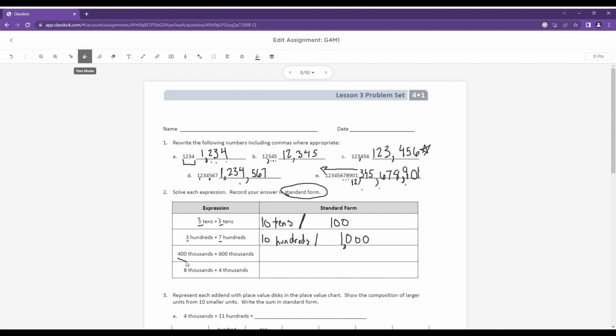Here I have 400 thousands plus 600 thousands. So 400 and 600 actually makes 1,000 thousands. Now to think of that in terms of what it would look like in standard form, I'm going to have to move in my head to make one of a greater place value.